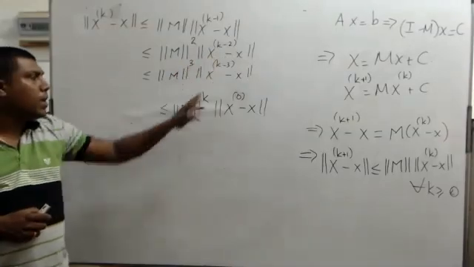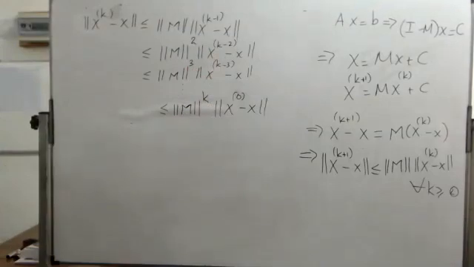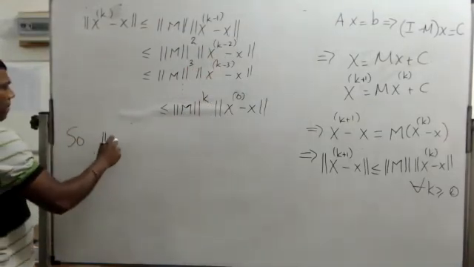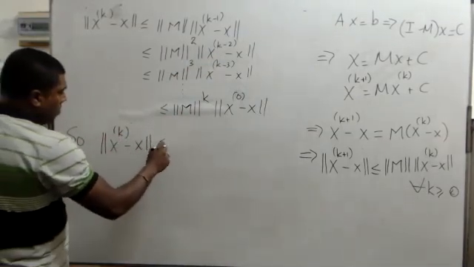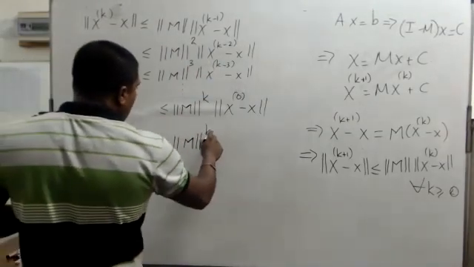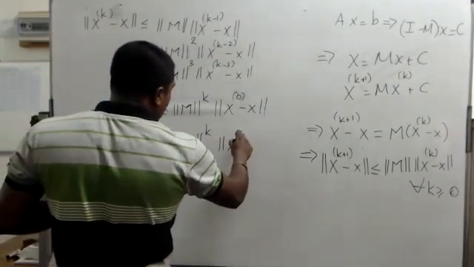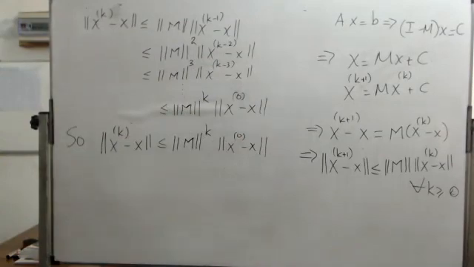M to the power 3, k minus 3. So M to the power k, k minus k, that is 0. So what you have is ||x_k - x|| is less or equal to ||M||^k times ||x_0 - x||.